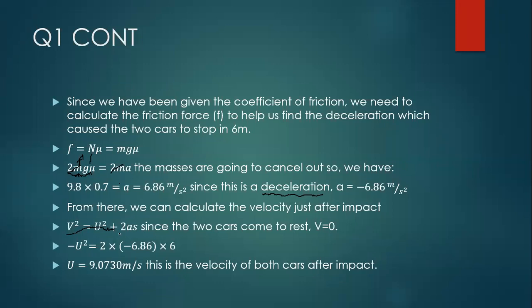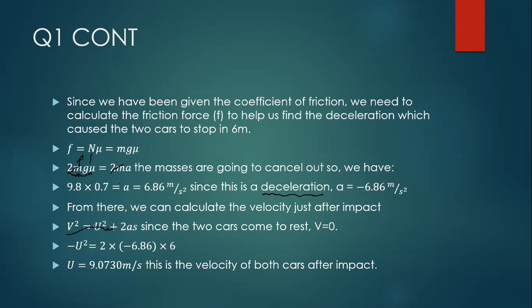Now here we want to find the velocity just after impact, so that after impact, the two cars started decelerating at this rate, and then finally stopped after covering 6 meters.